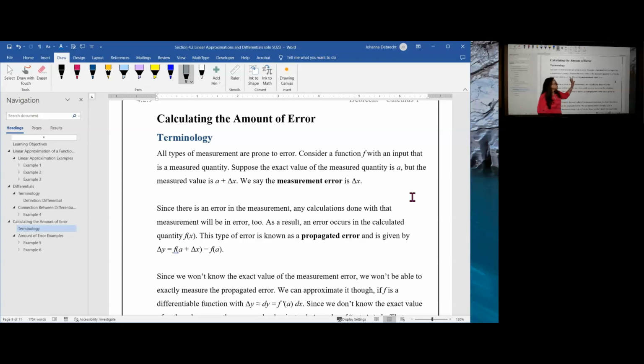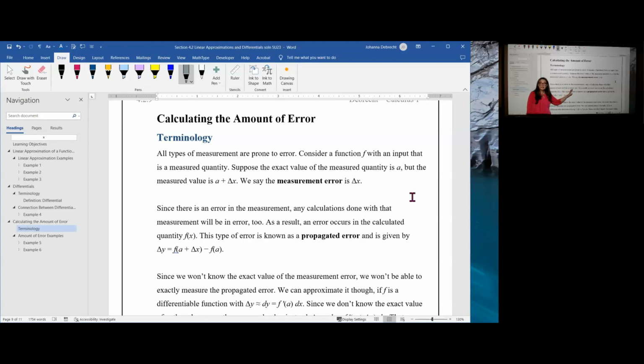We call this measurement error. If we're measuring a value and the exact value of that measured quantity is A, but we come up with A plus delta x, then we call the delta x the measurement error. There's always going to be error in any kind of measurement.